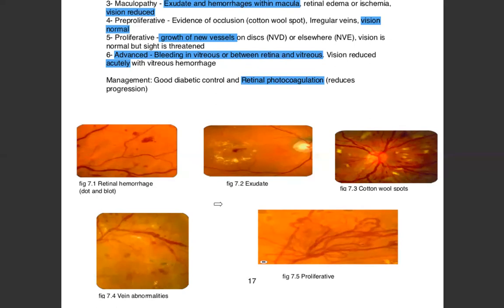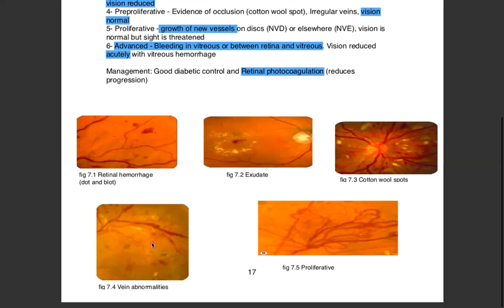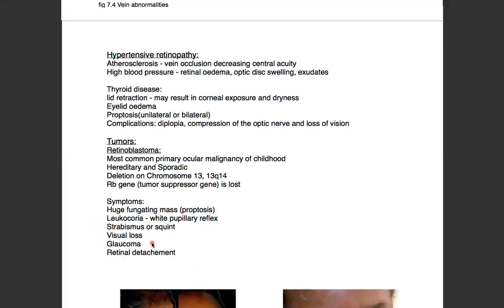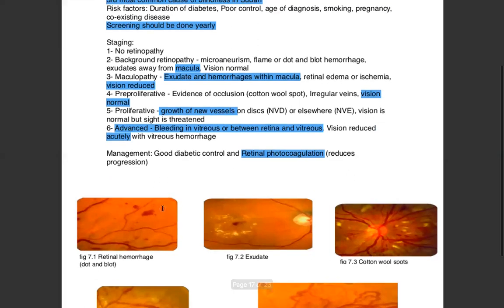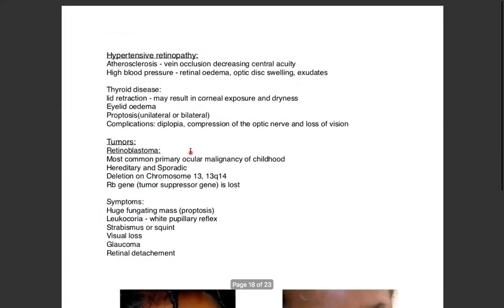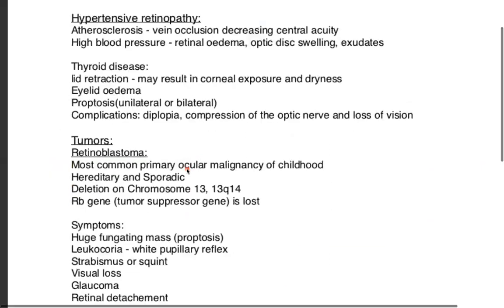طيب let's keep going then. دي كده diabetic and diabetic as I said is super important for you guys to know it in details. إنه في exudate, hemorrhages, dot and blot, cotton wool appearance, vision sorry growth of new vessels وفي النهاية vitreous hemorrhage. Okay. عندنا تاني hypertensive retinopathy.